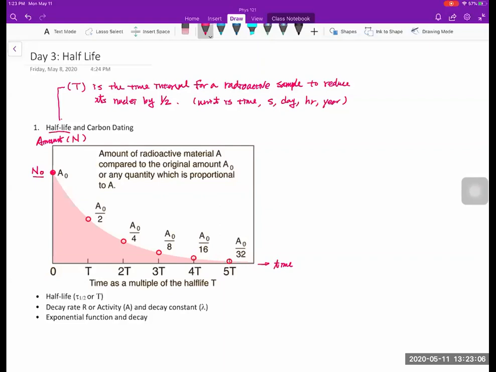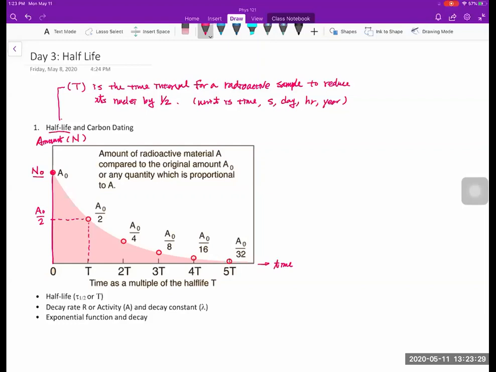After one period, you're going to reduce by half. How do you find a half? You look at this bar representing the total length, and you simply cut it in half. This is 1/2, N0 divided by 2, and that is where one period should be.